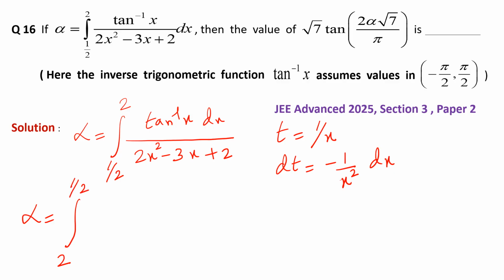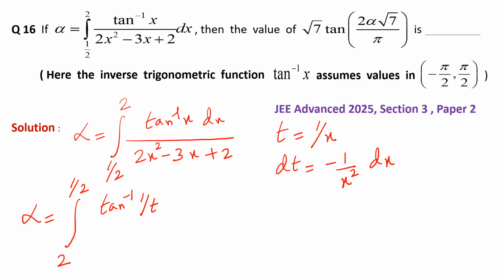Now the entire integral will get converted in terms of t. So tan inverse x will now become equal to tan inverse 1 upon t, and dx will become equal to minus x square dt, which further becomes equal to minus dt upon t square.